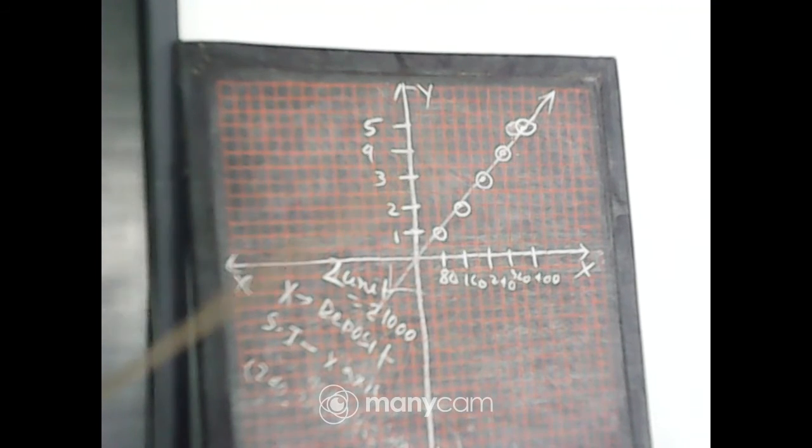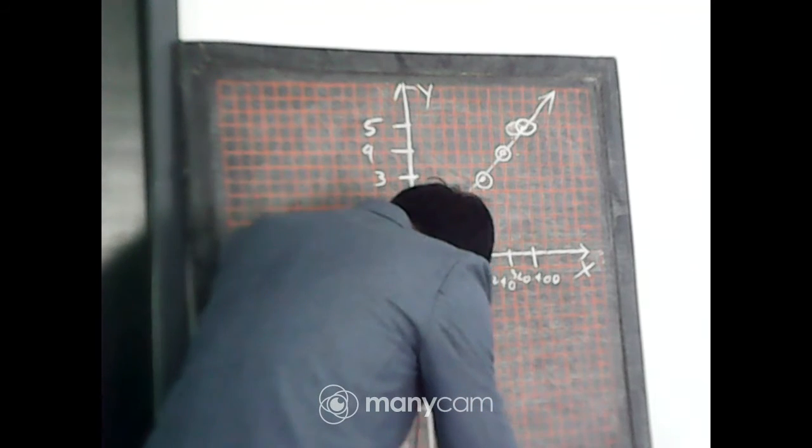I have joined this using a scale. I have drawn only one coordinate. No problem, Jasmine, it is also okay. So that is the line.